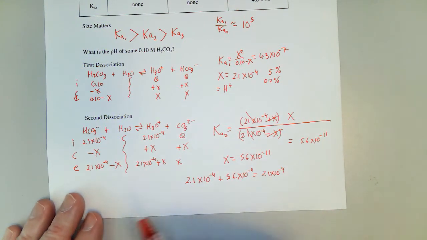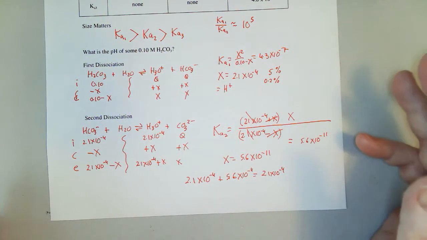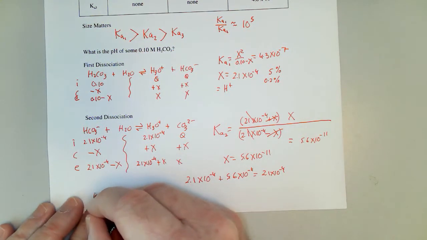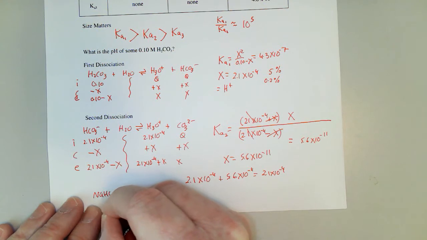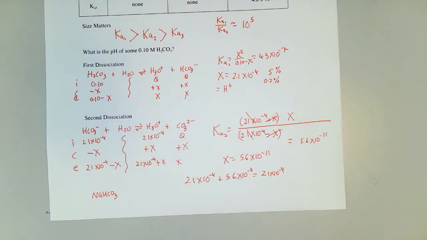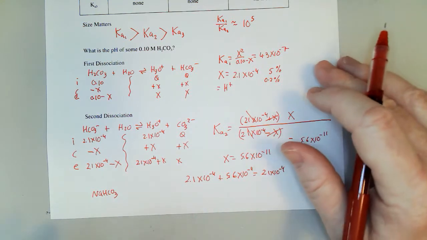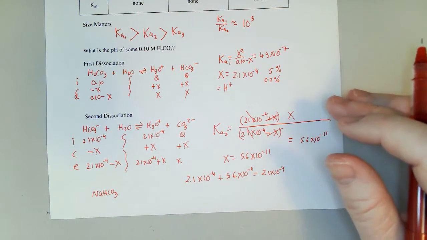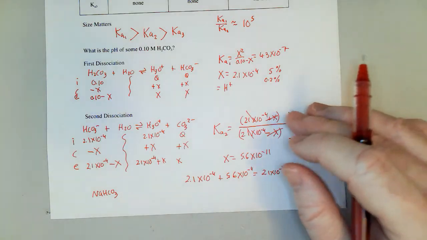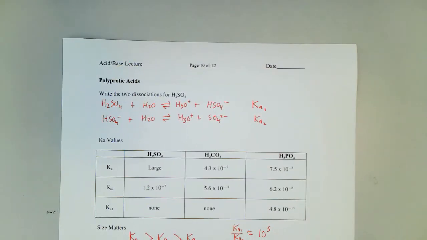Now, if I was starting out with a species like NaHCO3 rather than H2CO3, I'd get more dissociation off of that HCO3 minus. So for this weak acid, that second dissociation is just negligible. It's really not going to matter.